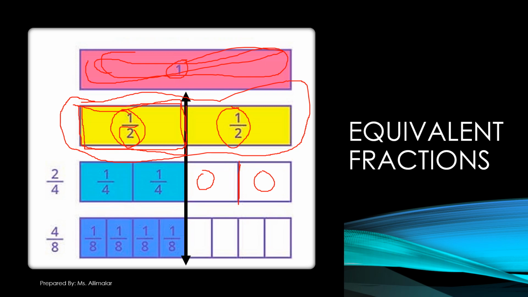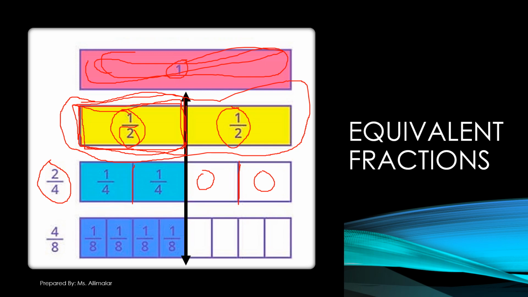Now I will show you how we get 2 over 4. Very easy, guys. Now, if you see here, this is 1 over 2, correct? The top one, the yellow color part, 1 over 2. After you cut in the middle, this became 1 over 4 and 1 over 4. Very simple. Just take 1 over 4 plus another 1 over 4. Will you plus the denominator? The denominator you shouldn't plus.